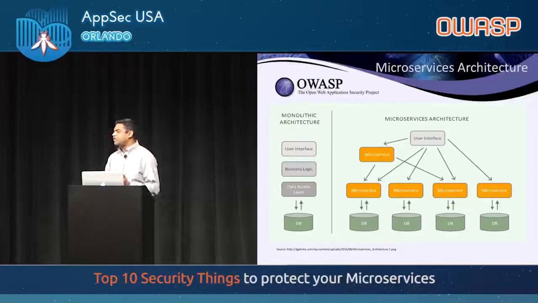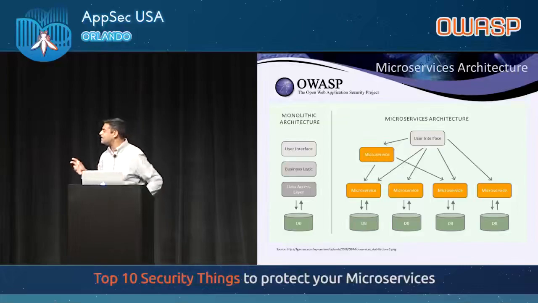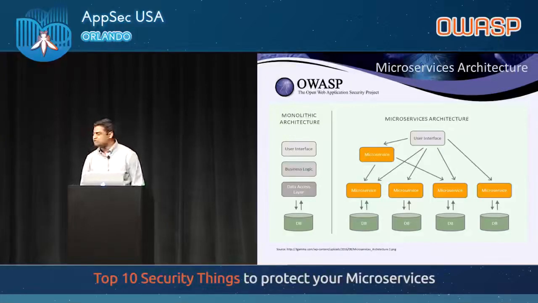How that has evolved is we have broken that business functionality into several independent applications, and each application becomes a microservice. So the business logic and the data access layer have split into several different microservices. And you don't have one single database anymore. You have 4 different databases.